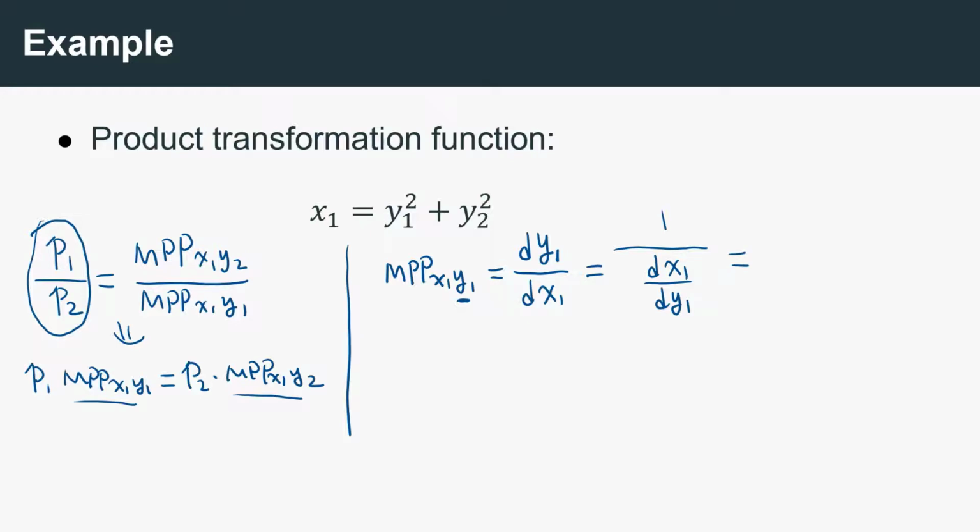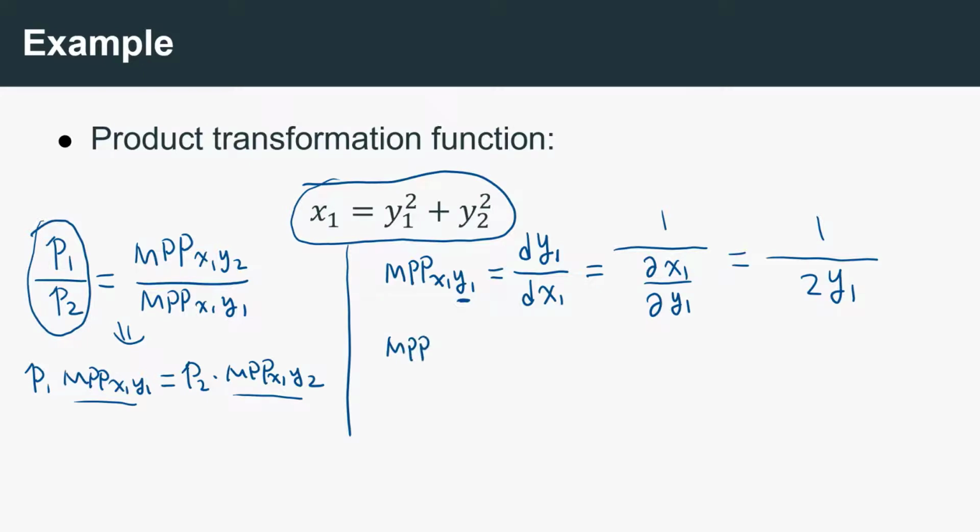And we actually know what dx1 over dy1 is from here. I should actually write it as a partial derivative. So the derivative of x1 with respect to y1 is easy. It's just 2 times y1, right? So MPP x1 y2 is 1 over 2 times y2, right?